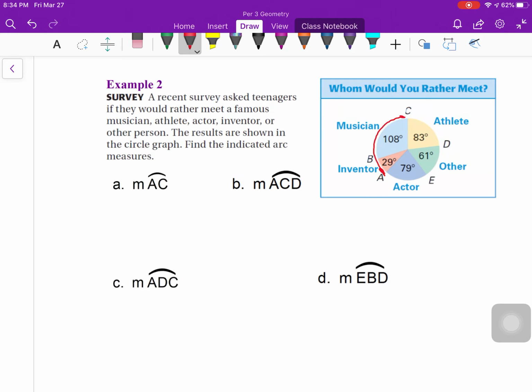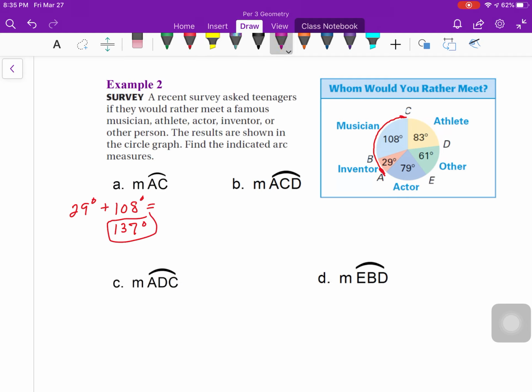So the measure from here all the way around to there. That would be 29 degrees plus 108 degrees. And 29 plus 108 gives us 137 degrees.